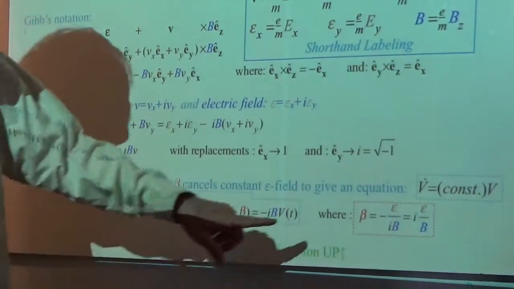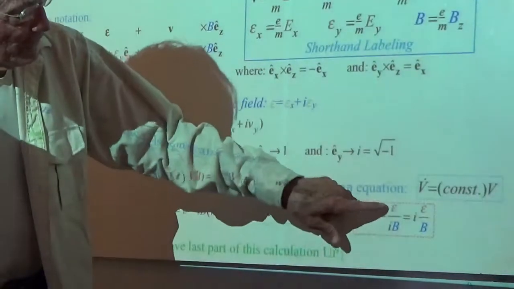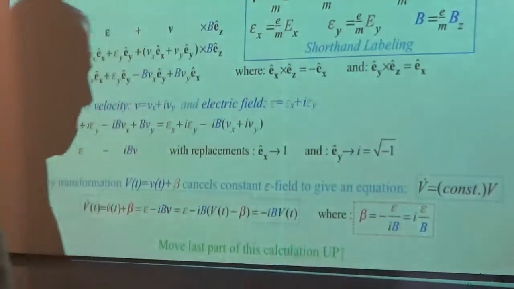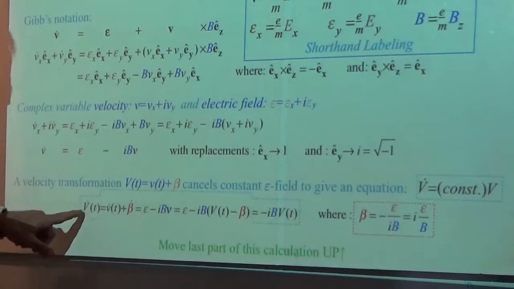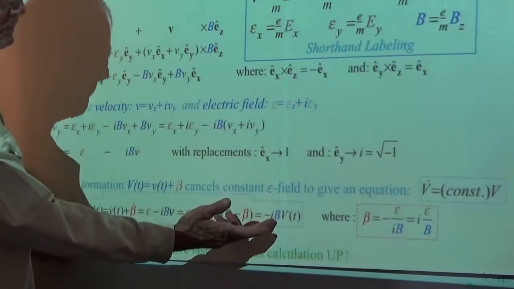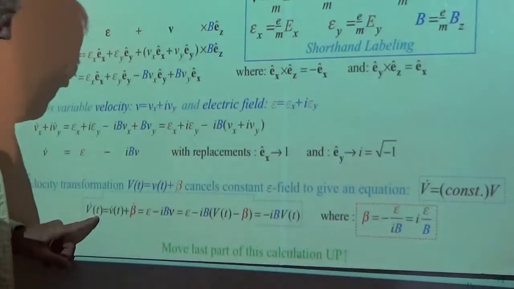So I just make sure that I pick the boost to be equal to the epsilon times I over B. That will get us a very simple relation for the big V, namely V dot equals a constant, imaginary constant, times V. Okay?